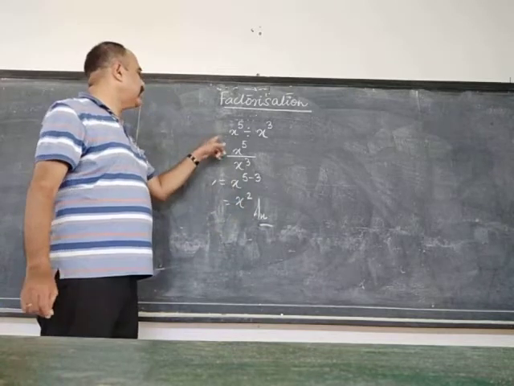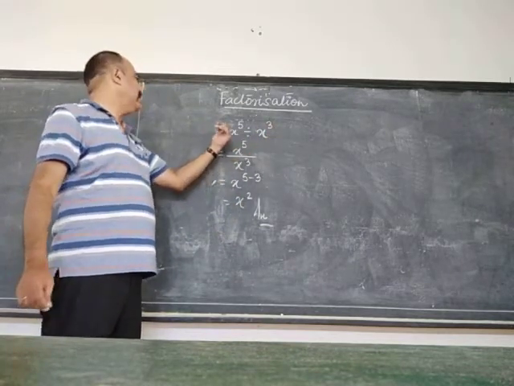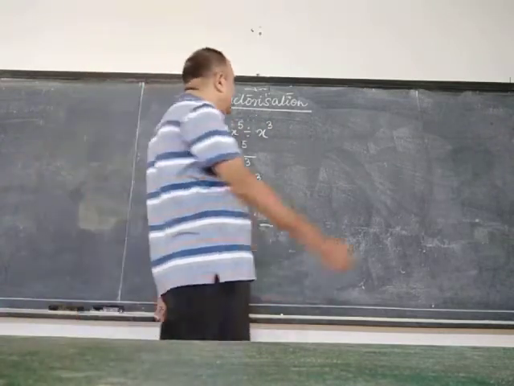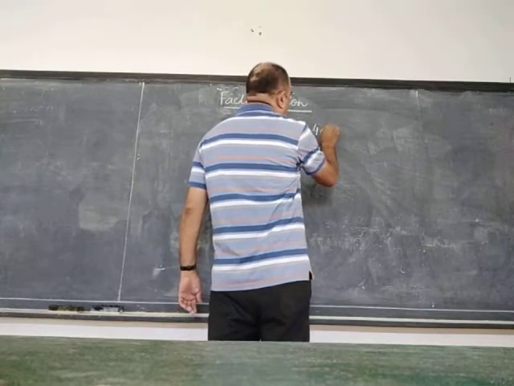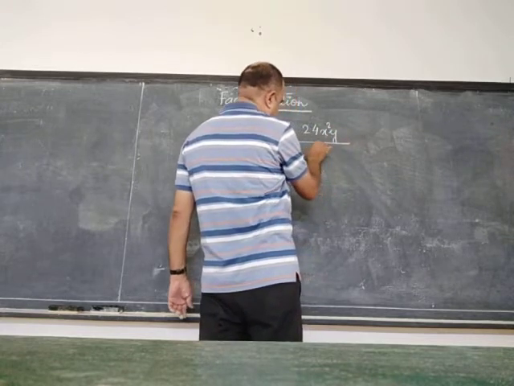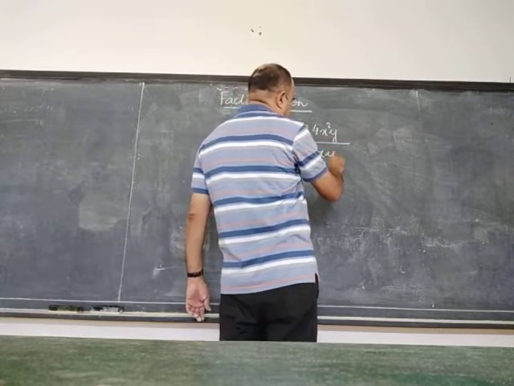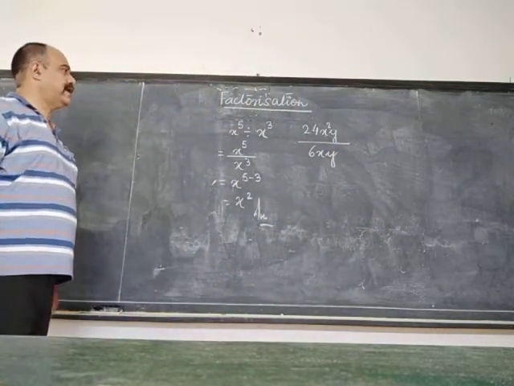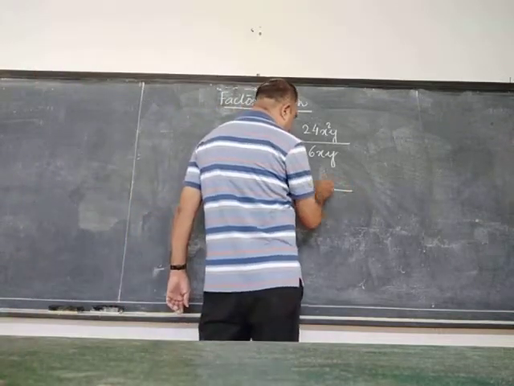Here we are talking about the division of a monomial by monomial where no numerical coefficients are there. If a numerical coefficient is there, then of course we don't have any problem. Suppose 24 x square y by 6 xy. Let me write it down one more time.